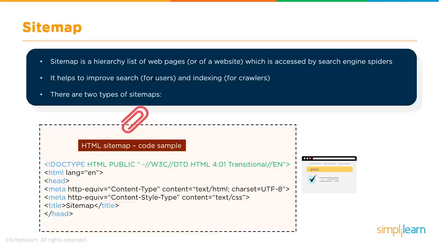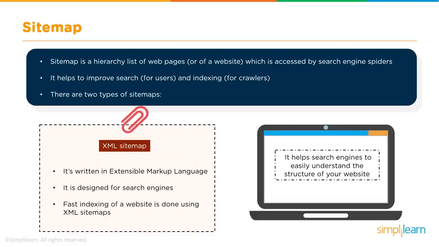Now, if we turn our attention to the XML sitemap, that's designed for search engines. The thing about the XML sitemap is we work with Google to submit the sitemap to Google so Google can quickly understand what pages are on our website.